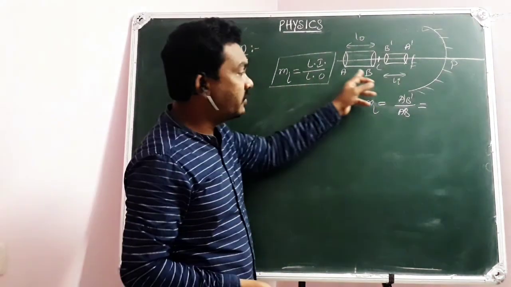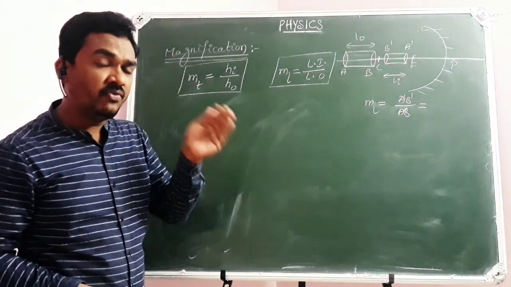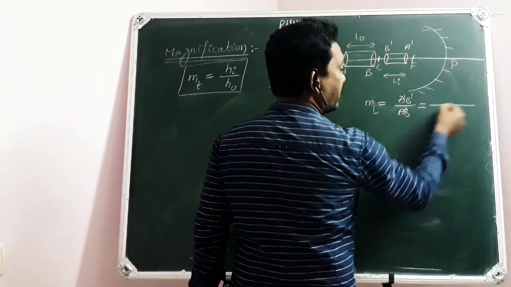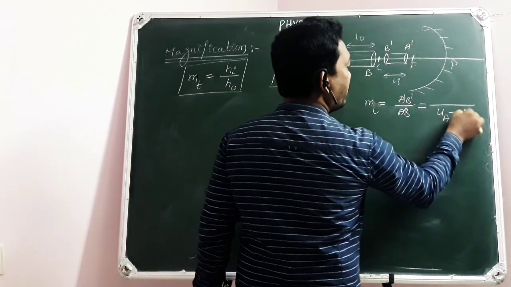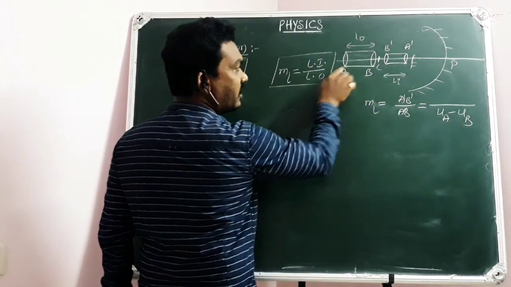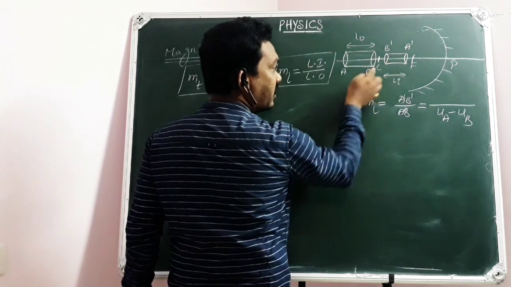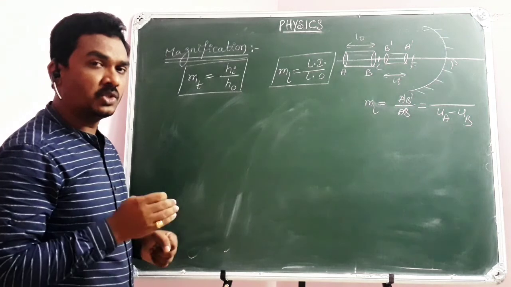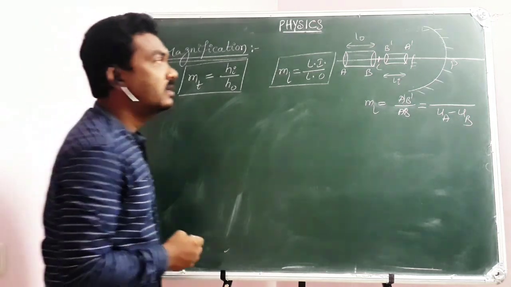Then the length AB is nothing but UA minus UB, the object distance of A minus the object distance of B. Because A and B are treated as two different point objects.